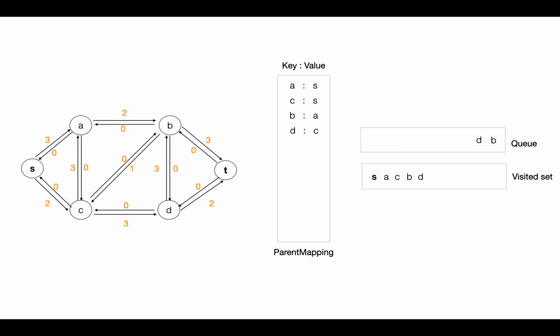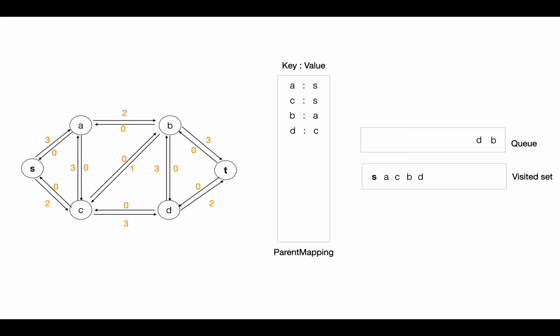Now pull B from the queue, and while we pull B, we are going to put the connected vertices from it. So the edges that are going outwards from B are BT, BD, BC, and BA. But A is already visited, C is already visited, D is already visited.